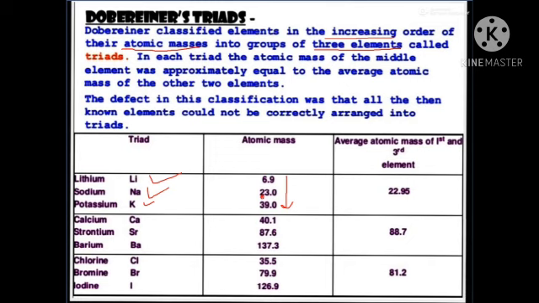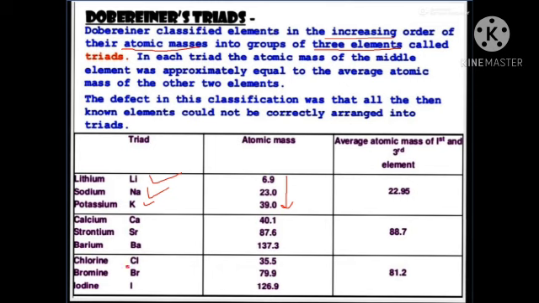So these are the groups. But this was the drawback of Daubernier triads: very few elements followed this kind of triad. The defect in this classification was that all the known elements could not be correctly arranged into triads.